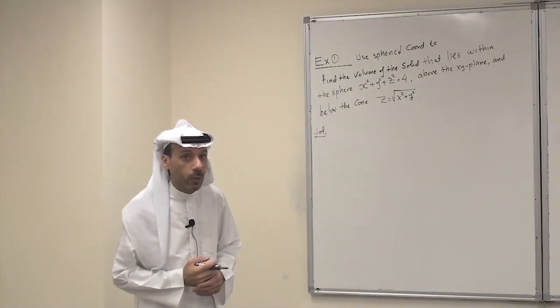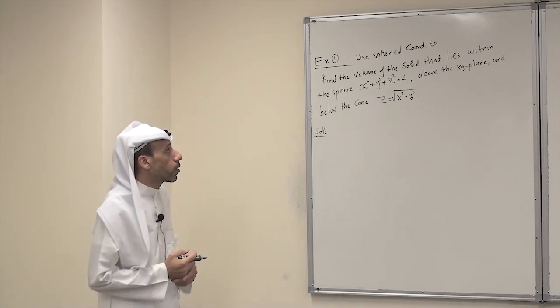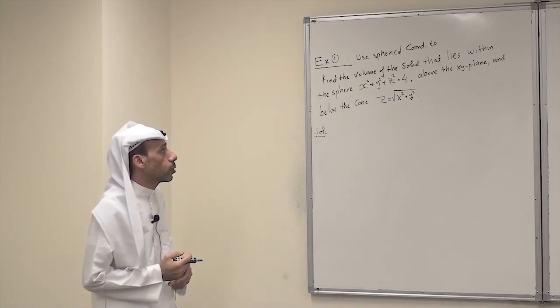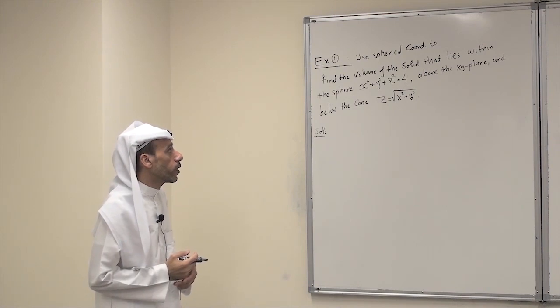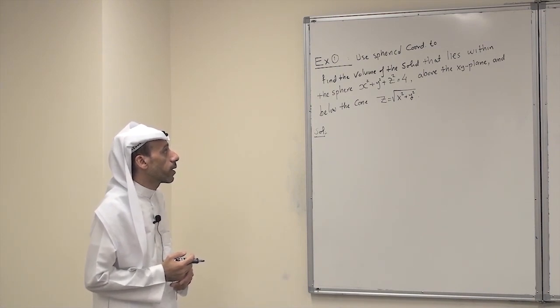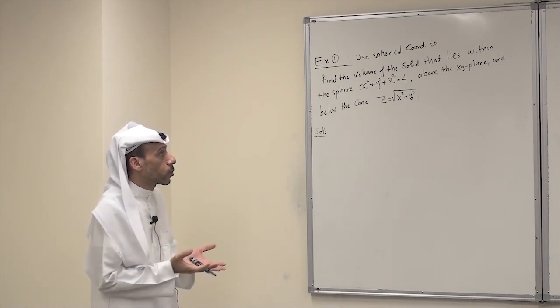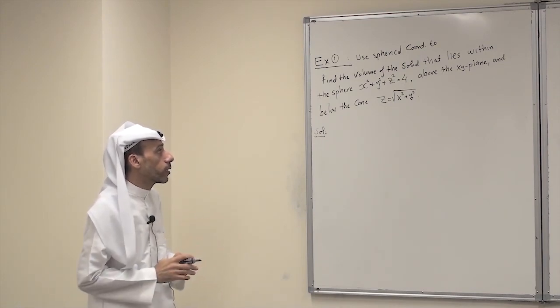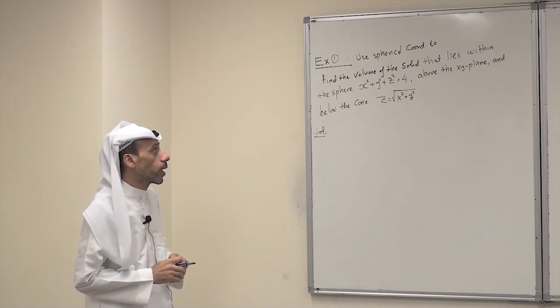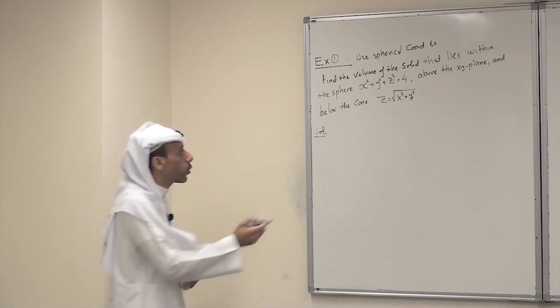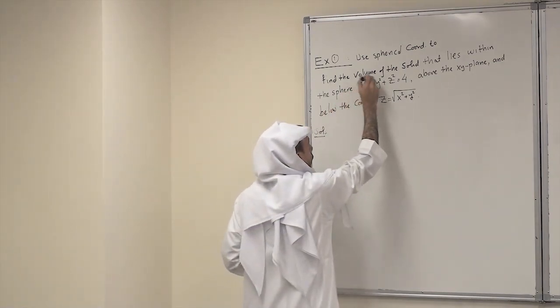We consider the following problem. Use spherical coordinates to find the volume of the solid that lies within the sphere x squared plus y squared plus z squared equals 4, above the xy plane and below the cone z equals root x squared plus y squared. So it is a volume problem of a solid.